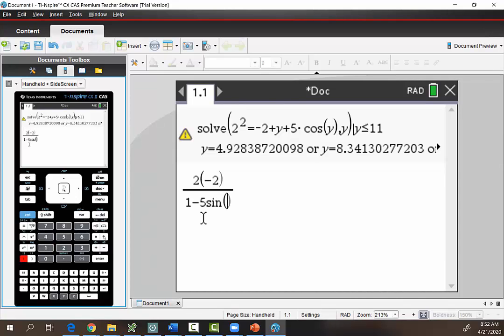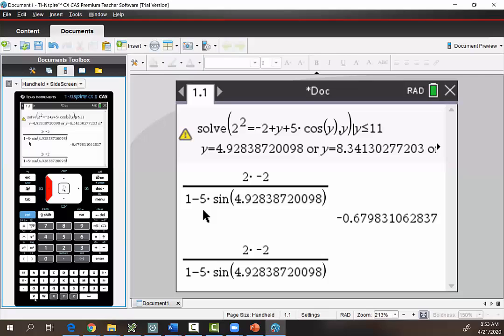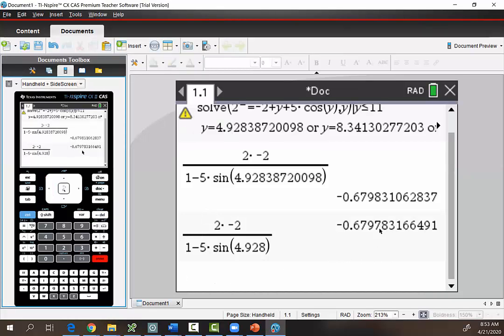And instead of retyping it, what's a lot safer is to come up here, highlight it, and use control C and control V. The reason is that sometimes, not always, had we just gone to 4.928, you'll notice some of these decimals at the end getting different. If we look at the 4th decimal, around 6797 versus 6798, that 4th decimal is off.